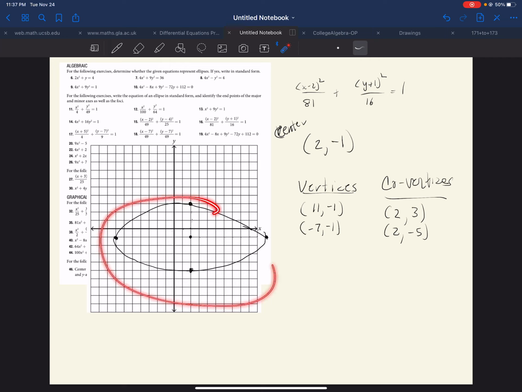Notice I could count them off the graph, but it's easy just to say where was I and what did I do from there. From here, I went left and right 9. So I go plus 9 on that and minus 9 on that in the x. And here I went up and down 4, so I add 4 to that and subtract 4 from that. That's all that's going on in there.